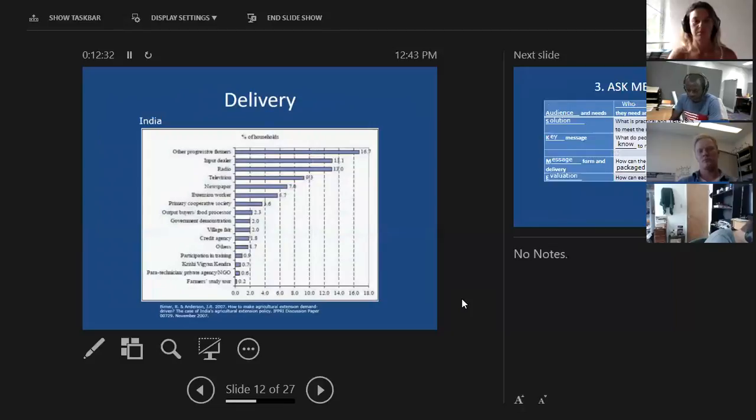And here's a finding on where people got their information, not necessarily what they most believe. When you're thinking about it, we're not only packaging a piece of information, we've got to deliver it. So most farmers get their information from where? Other farmers.